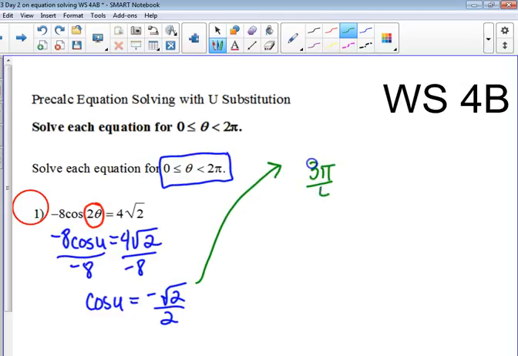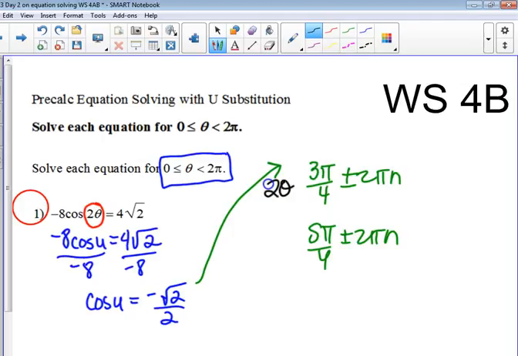Three pi over 4, and normally it would say plus or minus 2 pi n if we were looking for all solutions because it's a cosine graph, yes? All right, but we did a substitution for 2 theta, so how do we need to solve for theta? Take half of everything.